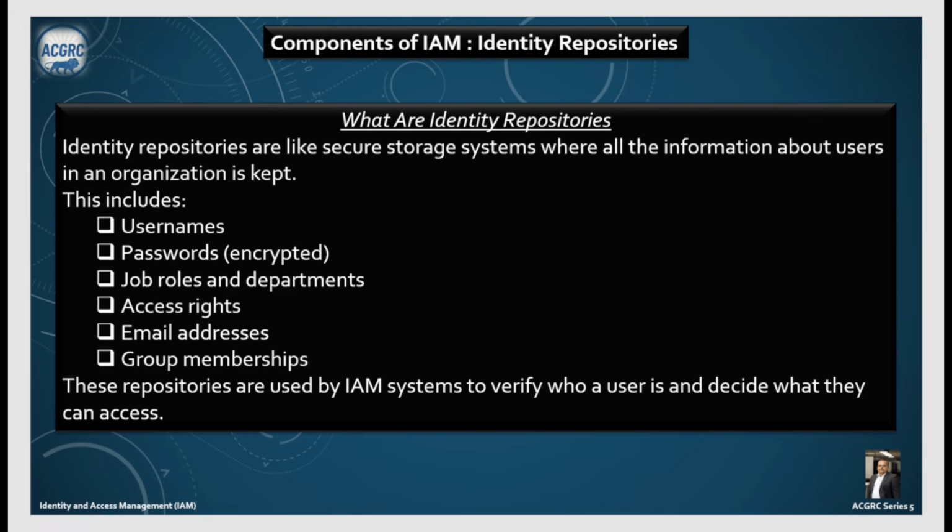Well, identity repositories are like secure storage systems where all the information about users in an organization is kept. This includes username, encrypted password, job roles, department, access rights, email address, group membership. These repositories are used by IAM systems to verify who a user is and decide what they can access.